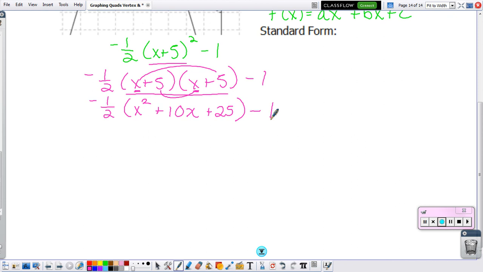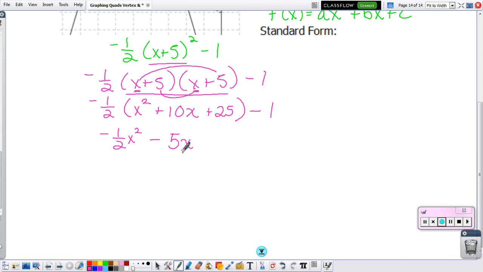The next step you have to do is distribute the -1/2. The -1/2 only goes to the x squared plus 10x plus 25. So I would have negative 1/2 x squared, negative 1/2 times a positive 10x is a negative 5x.